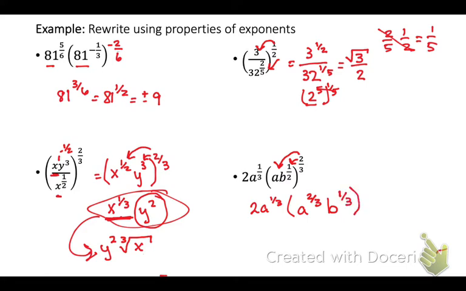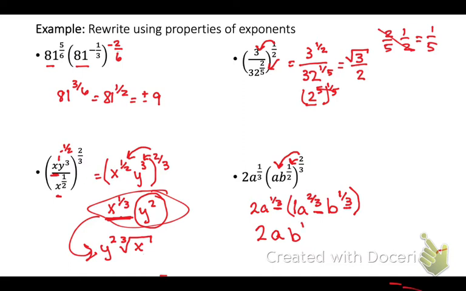So now what? I basically just multiply, right? So there's a 1, so 2 times 1 is 2. We're going to have a to the what? I have 1/3 plus 2/3 is 1. And b to the... is there any other b's?